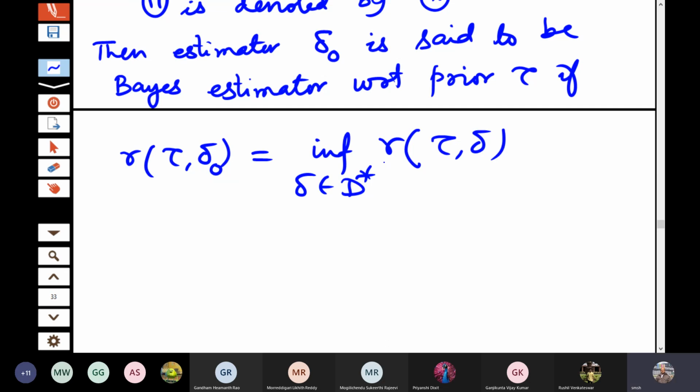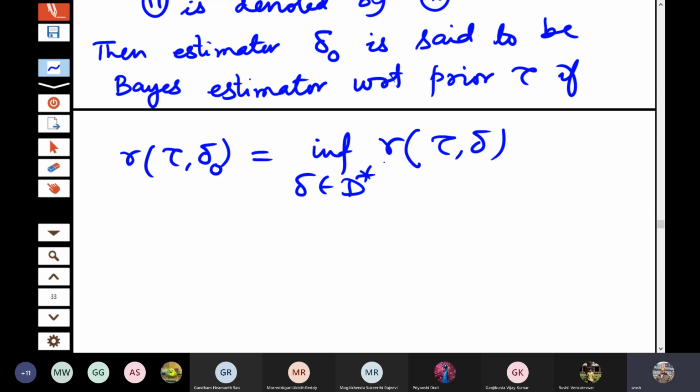So initially the Bayes estimators were looked at with suspicion, because people thought that you can take your prior distribution, I can take my own prior distribution, and therefore we will get different answers.